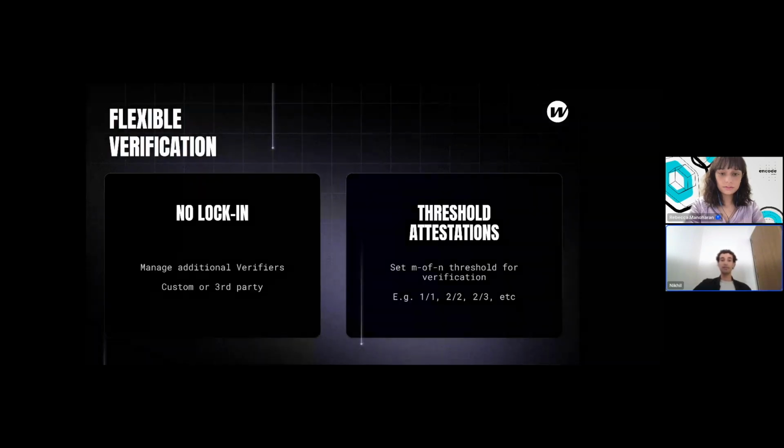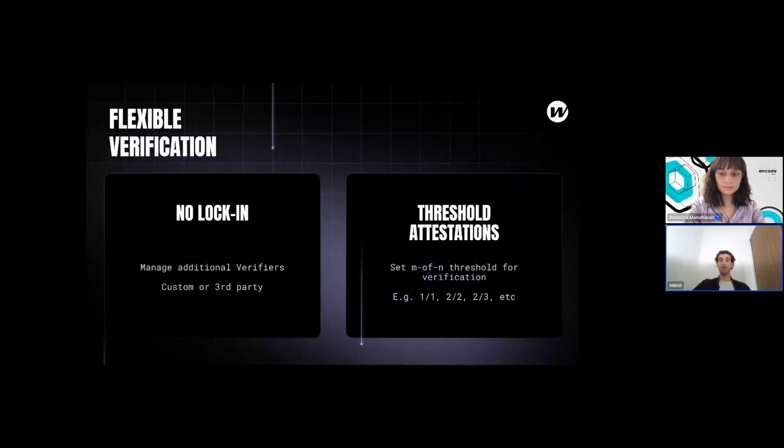But NTT also has an extra step of flexible verification. When we were designing NTT and we were thinking about permissionless systems for the long term, we realized that those systems shouldn't have lock-in. And so with NTT, there's no vendor lock-in. You can freely manage adding or removing additional verifiers whenever you want.